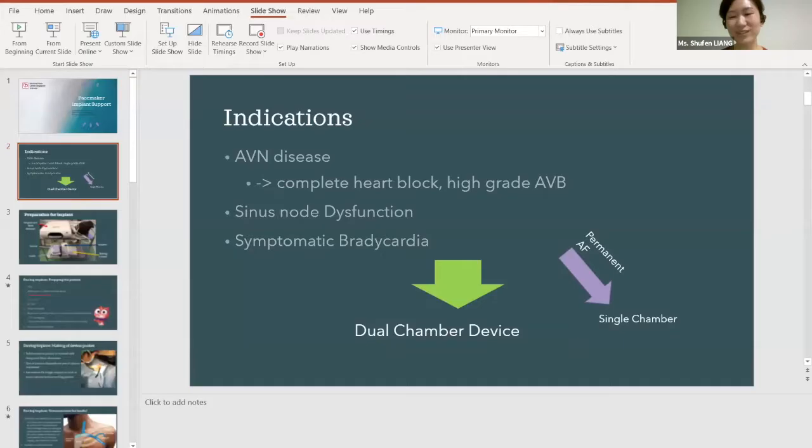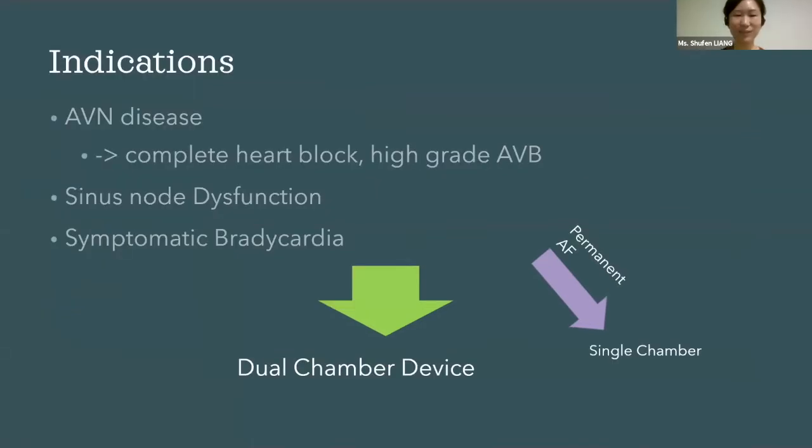So they might come in with AV nodal disease, so present with complete heart block or high-grade AV blocks, and then you have your sinus node dysfunction, which they get pauses, and they will faint or they will feel giddy, or they have symptomatic bradycardia.